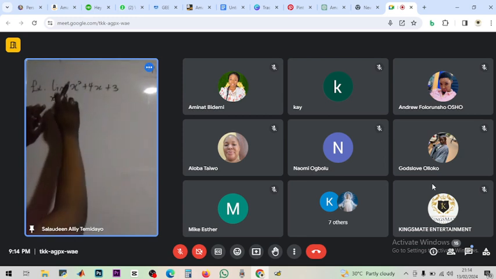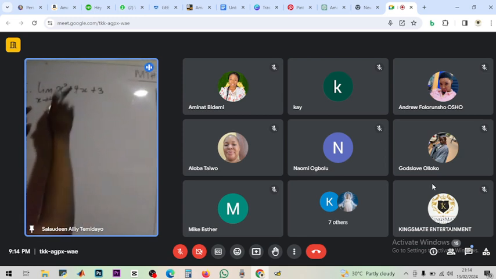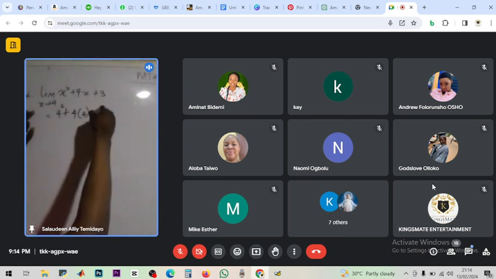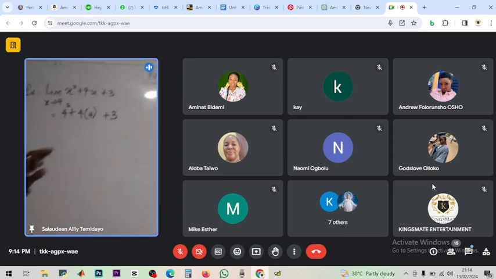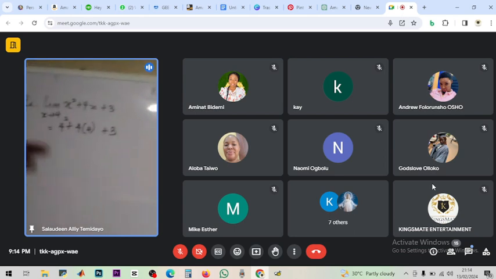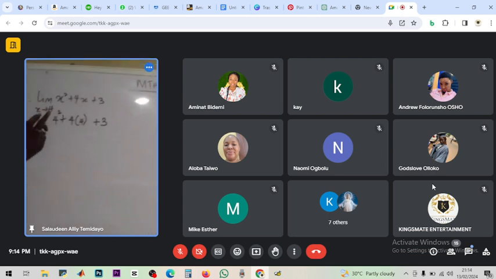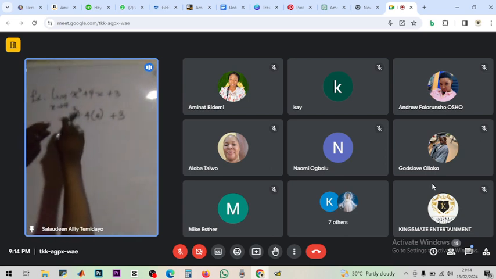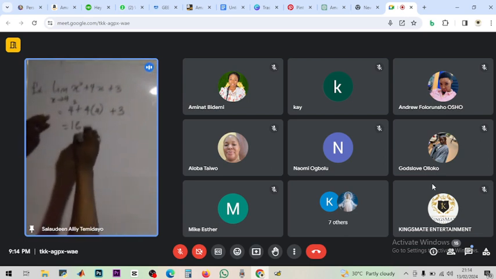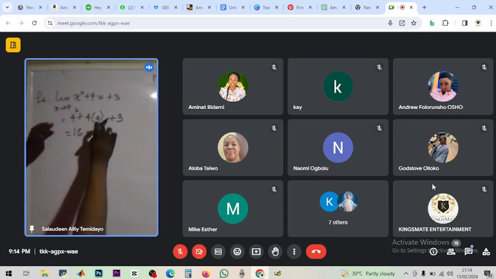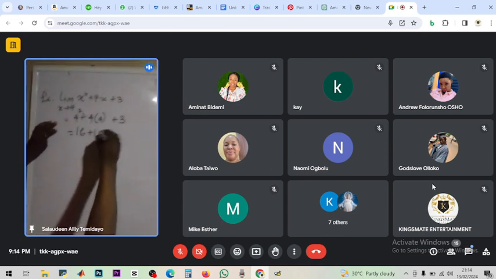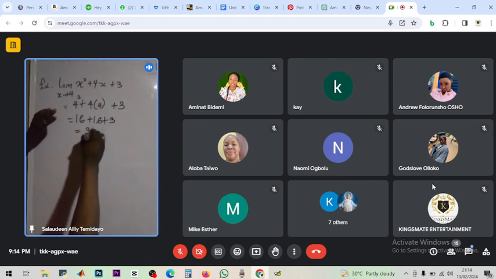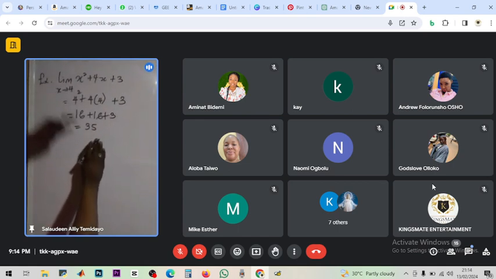I will have 4 squared plus 4 times 4 plus 3. That means I'm doing normal evaluation using the value of x to represent x. So 4 squared is 16, plus 4 times 4 gives 16, plus 3. So this is going to give me 35. Therefore, the limit is 35.